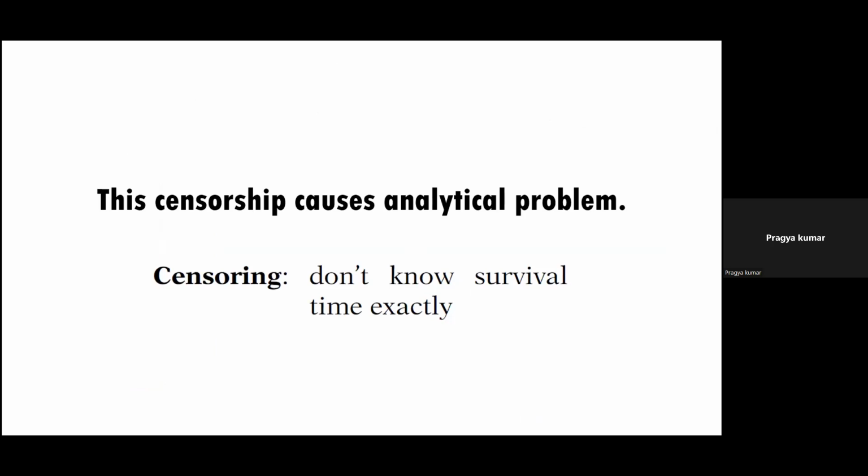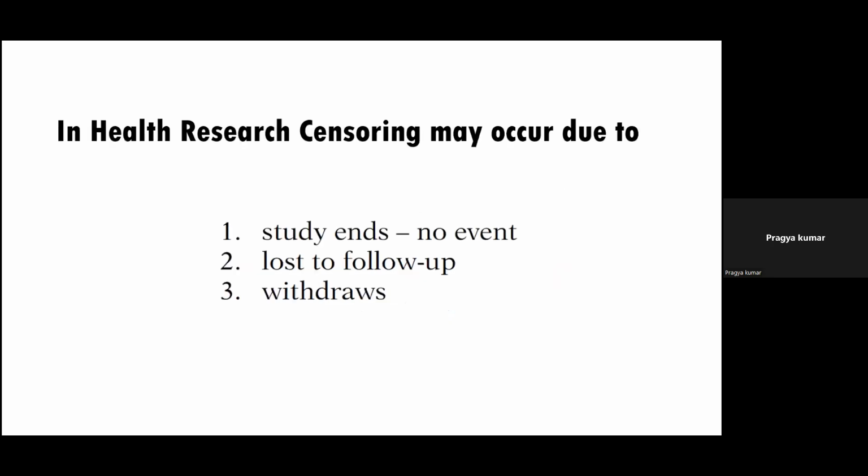So this causes an analytical problem. In censoring, we do not know the exact survival time, because for the censored data we don't have the outcome, but we want to include the period till the time they were there with us.